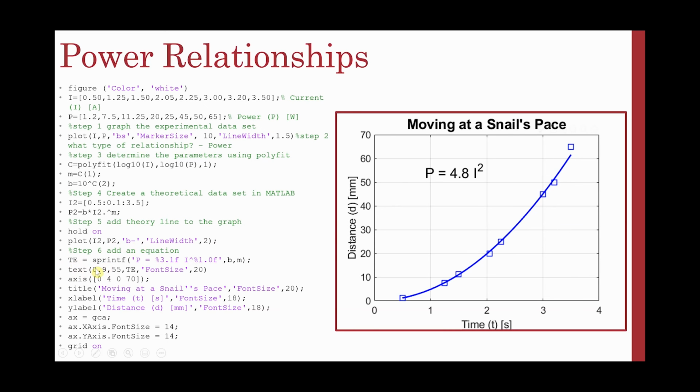Then we're going to place that at 0.9, 55. So if we come over here, we're at 0.9 and 55 is where the center left of this equation is being put. Also using the font size command in there to set it to a font size of 20. We formatted our axes, our titles, our X labels, our Y labels, and we used some more formatting to set their sizes.